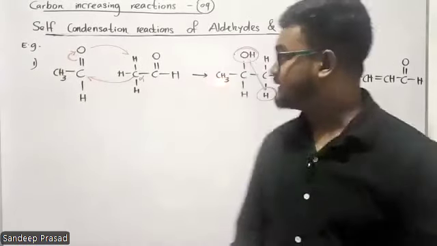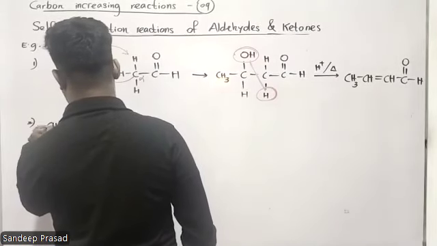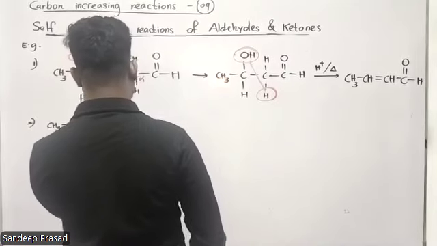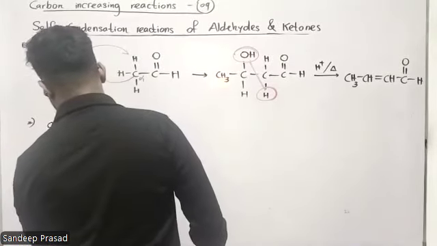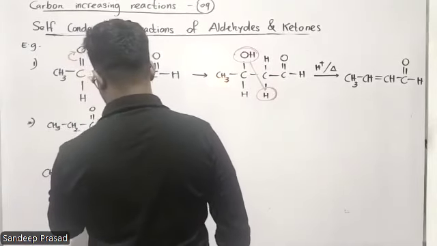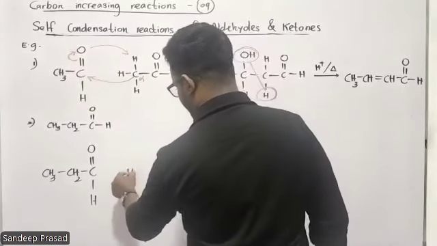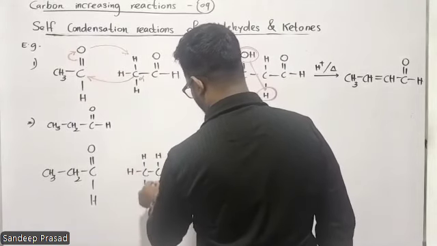Now, let me consider the second example, propanal. CH3, CH2, C double bond OH. Now look at this one, right? Let me consider the propanal molecule CH3, CH2, C double bond OH in this way. Now I'll spread the bonds and write down the compound in this way.